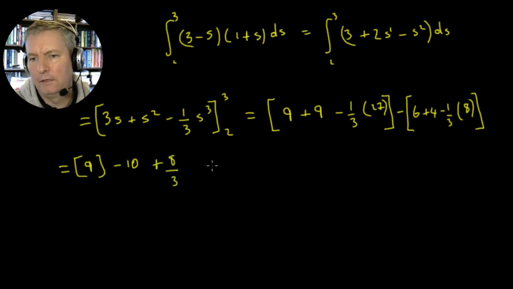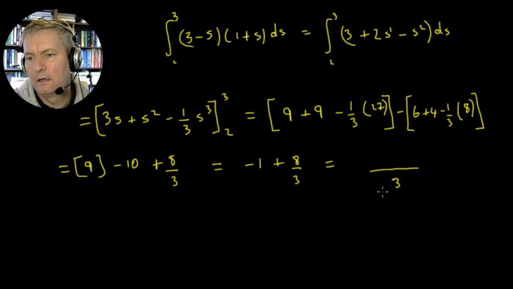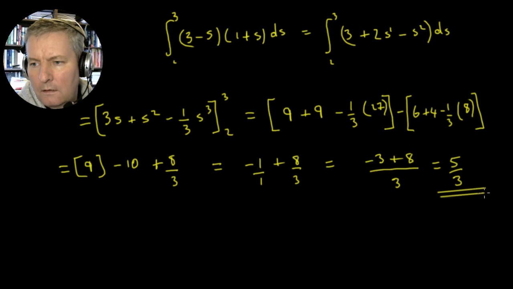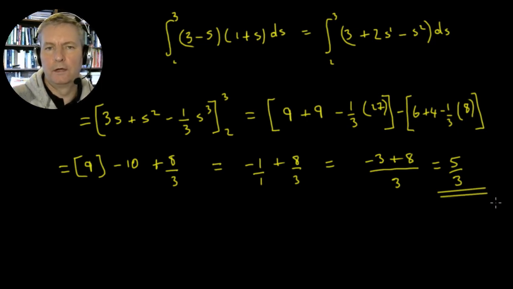So that's going to be equal to 9 minus 10, so it's minus 1 plus 8 upon 3. So that is equal to, well, if we put it all over 3, we're going to have minus 3 plus 8 is equal to 5 upon 3. Yep, that's correct, 5 upon 3. So hopefully if you work through that, you've got the same answer that I have.